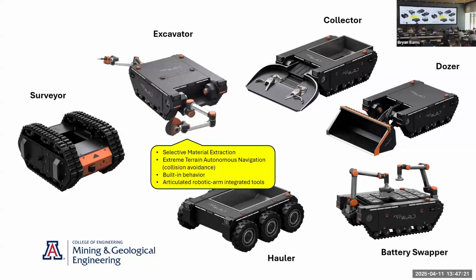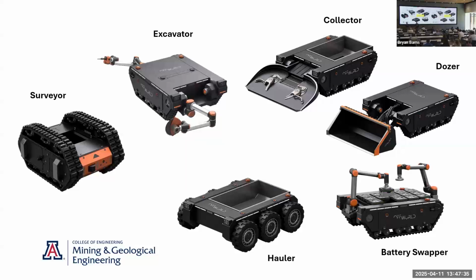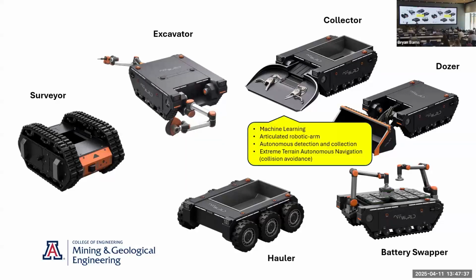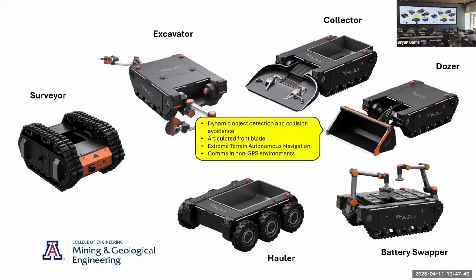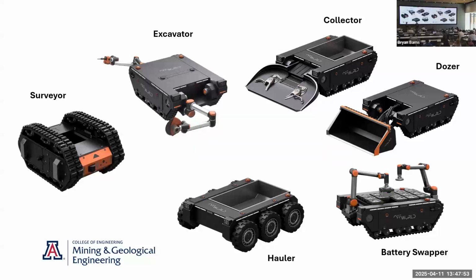This equipment was designed to drill many different holes and come back with the articulated arm of the saw blade just to tear it up, enough for our collector to come in and get it into a load and bring it to an ideal dropping place, or have our dozer come in and scoop it up and load it into our haulers for better ease of transportation. While this is all happening, we have a battery swapper essentially as our gas tank, keeping all of our equipment fueled and operational for the time being.